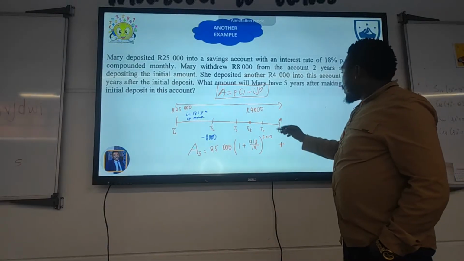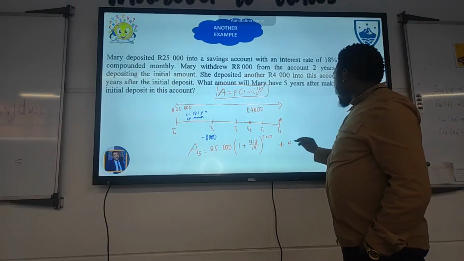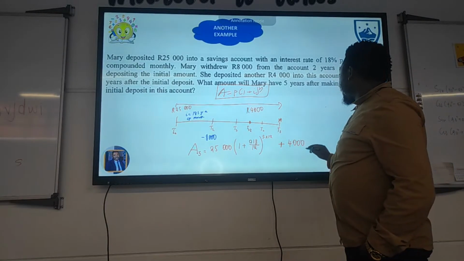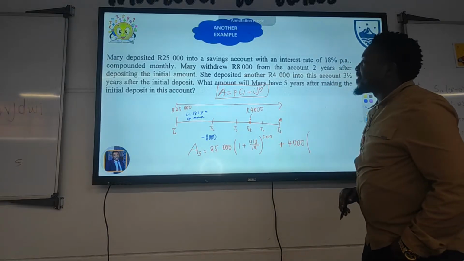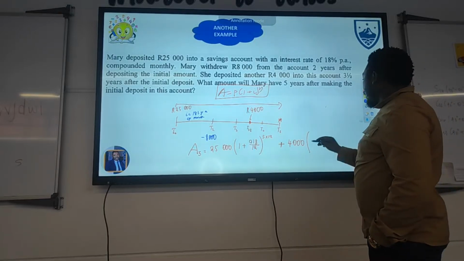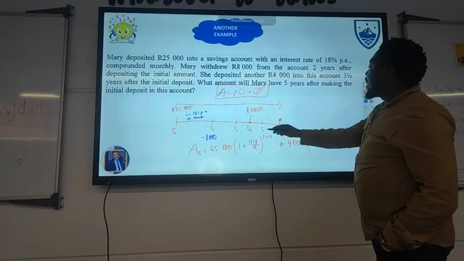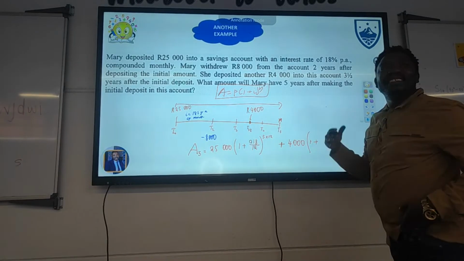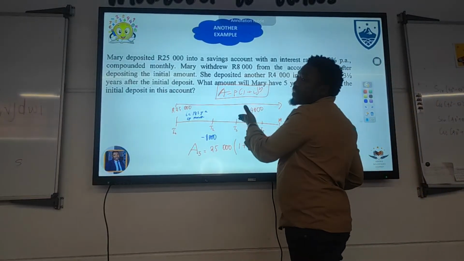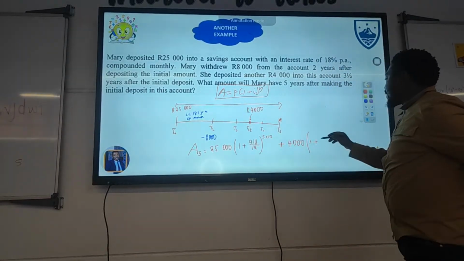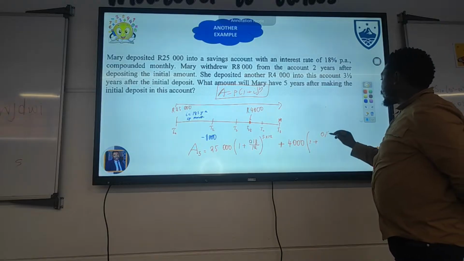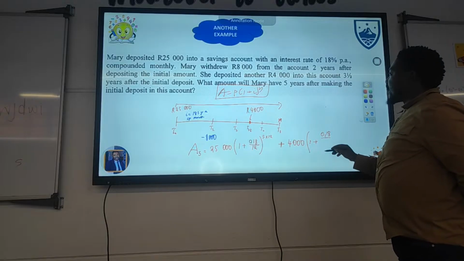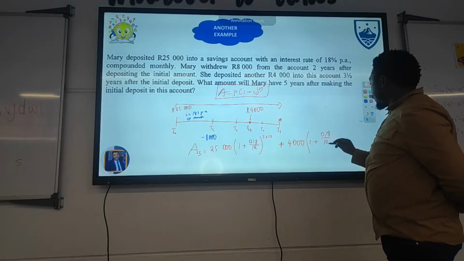Now, we have an amount of 4,000 that was placed 3.5 years after the initial investment. So it's going to be 1 plus the interest rate, which is still the same because there's no other interest rate. So we use the same interest rate as the one we used for the 25,000, and then divide by 12.